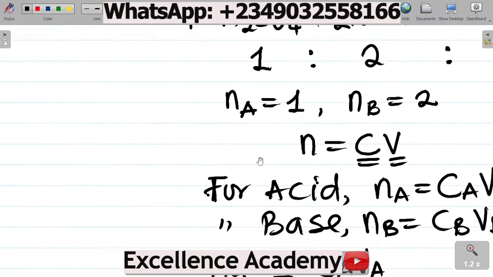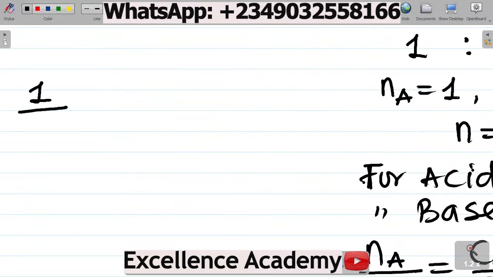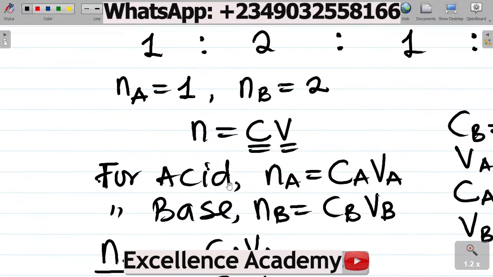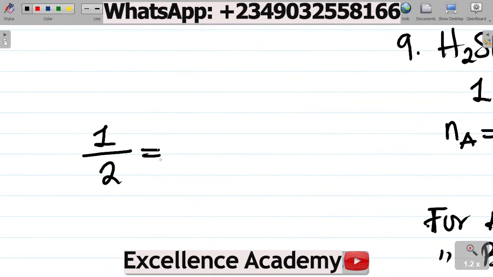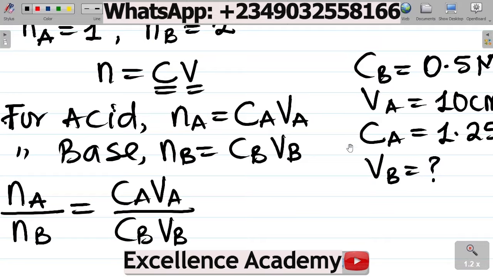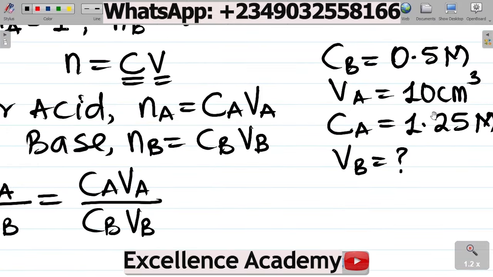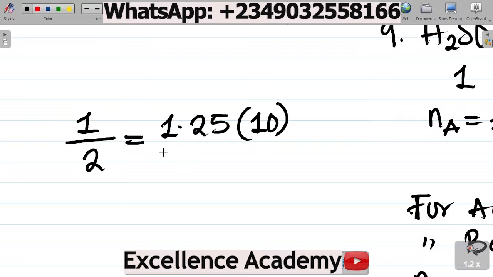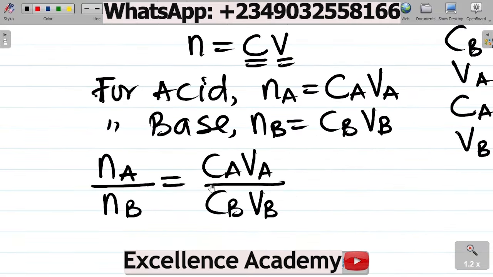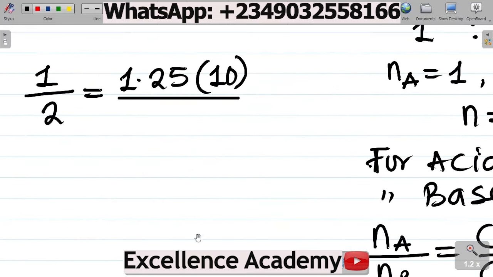N of A is 1, so you have 1 all over NB, the number of moles of the base, which is 2 from the balanced equation, is equal to Ca times Va, that's 1.25 times 10, all divided by Cb times Vb, that's 0.5 times Vb, which is what we are asked to find.